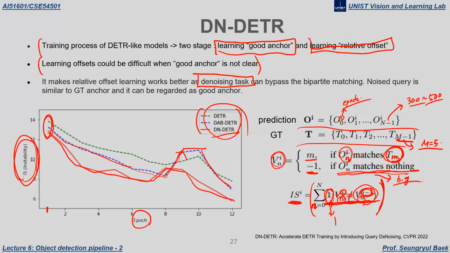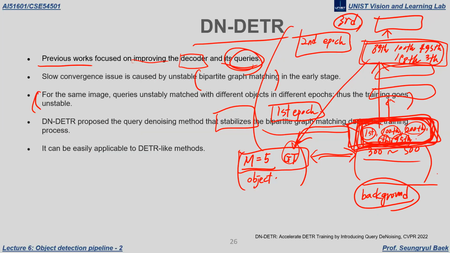So previously, what DN-DETR was motivated by was this fact: the unstable bipartite matching happened in the early stage of the training, right? So these matched queries, the object query bounding box outputs, are sometimes not very close to the ground truth.